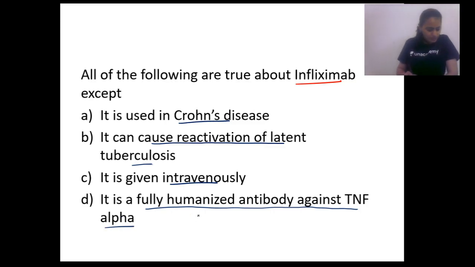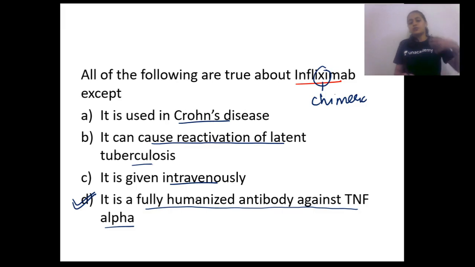So tell me what would be the answer to this? Yes, very good, Dinesh. The answer would be D. Yes, Salma, the answer would be D, because we know that infliximab is a chimeric antibody. So when you know this, you need not worry about the rest of the options.